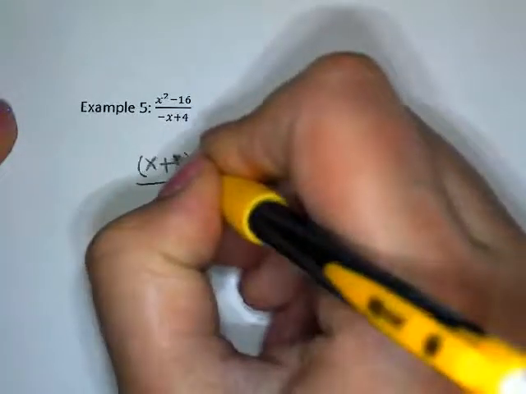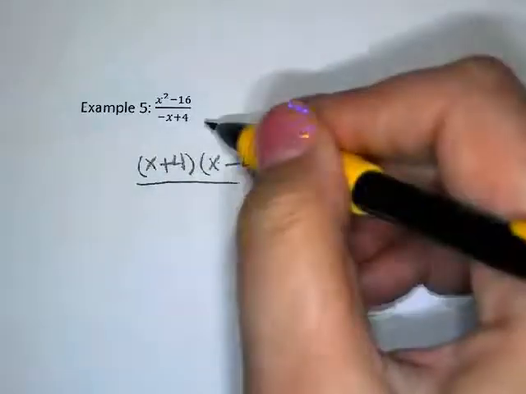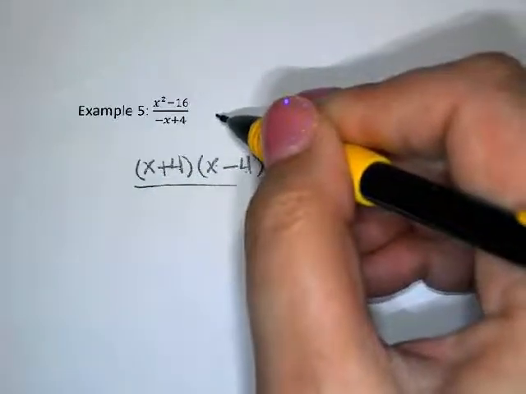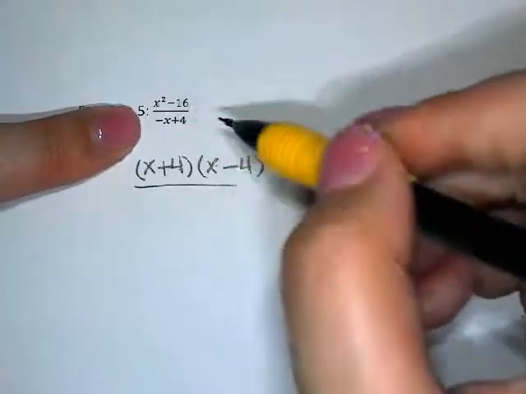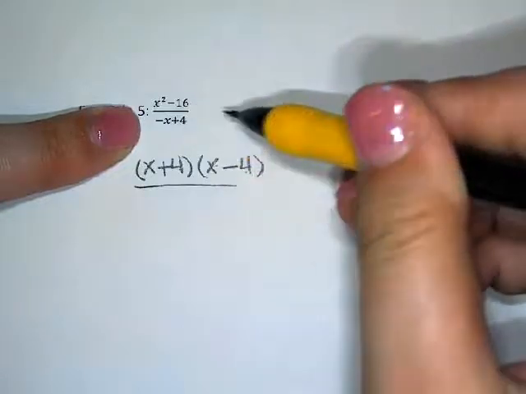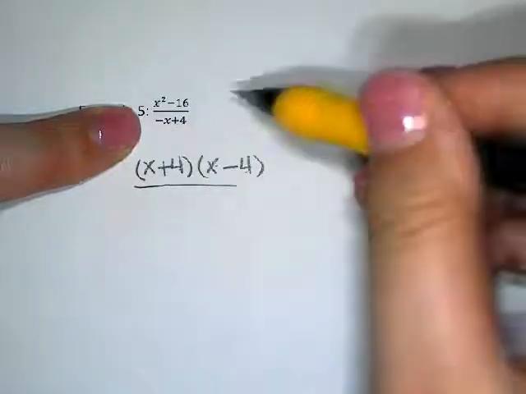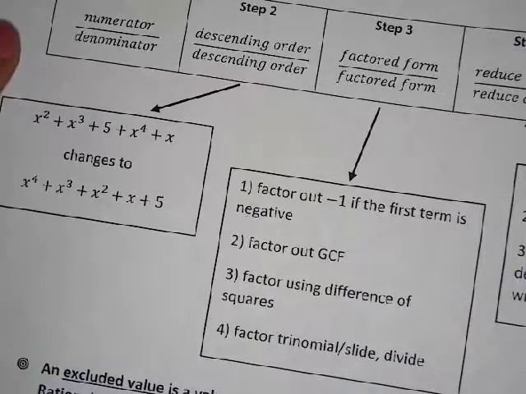Perfect. Okay, now the bottom is the weird part. So this is the part that can throw you off. But the nice thing about this is that it's repetitive, so we will always do it the same way. Okay, so we're going to look over to the front of our paper. And I'm going to grab a different color of pen and circle this, highlight it, make it really stand out.